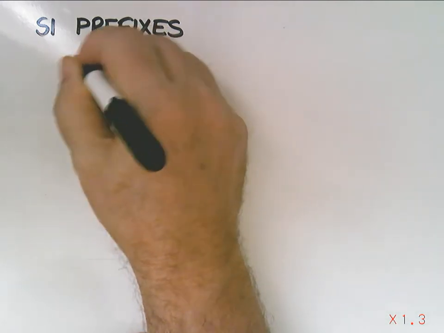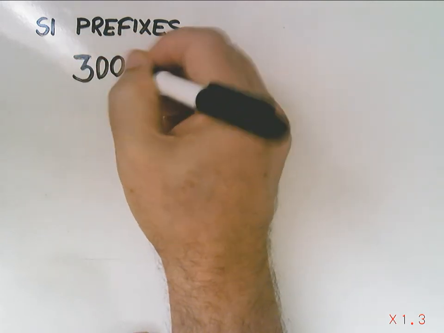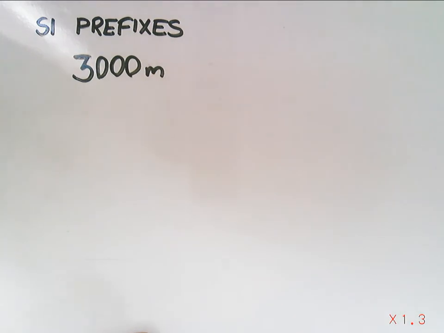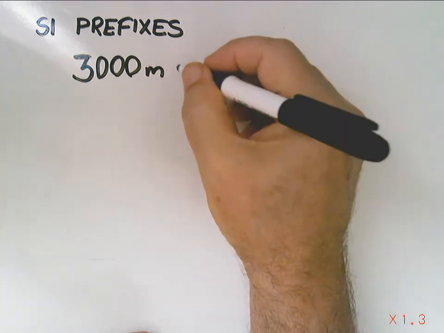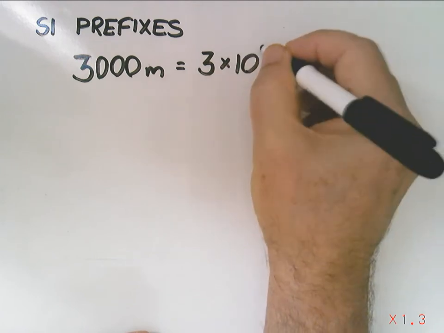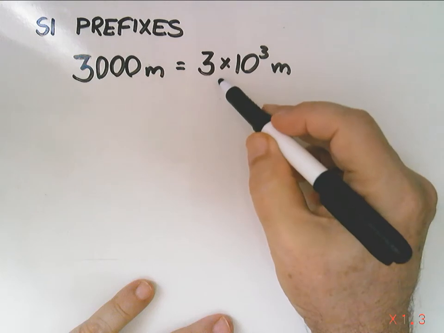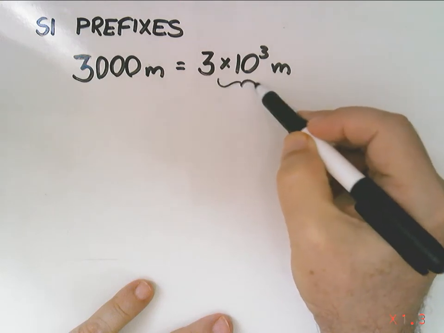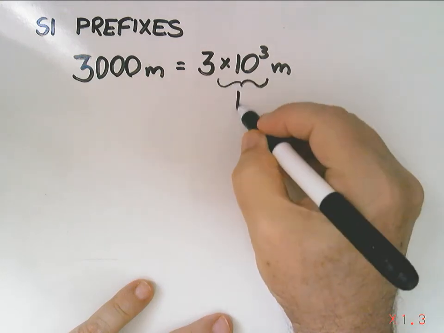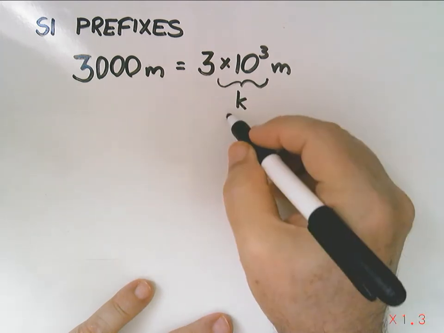Suppose I have 3,000 meters. Now, I can write that in scientific notation as 3 times 10 to the 3 meters. And there is an abbreviation in the SI system for times 10 to the 3, and it's kilo with a lowercase k.